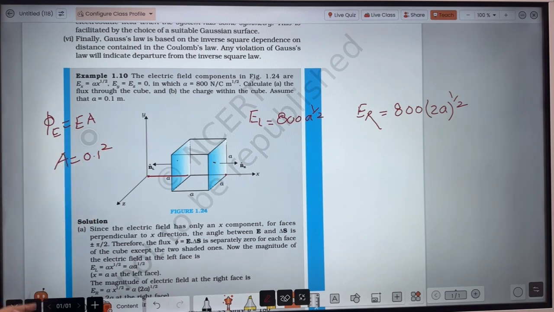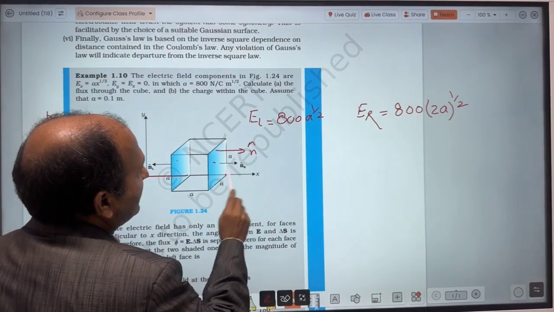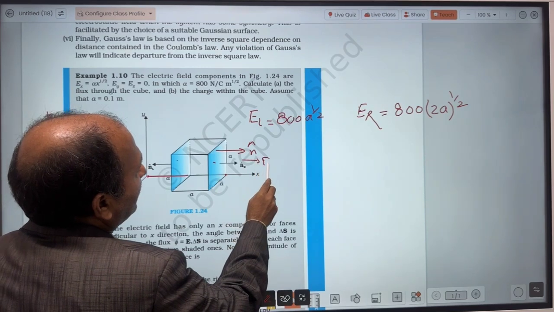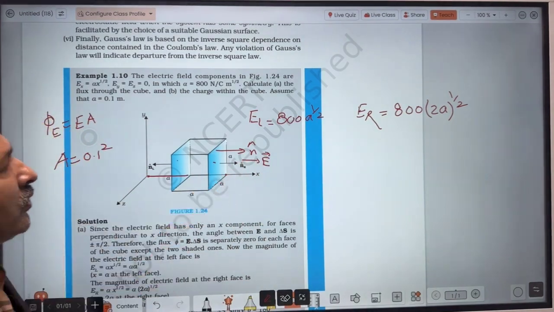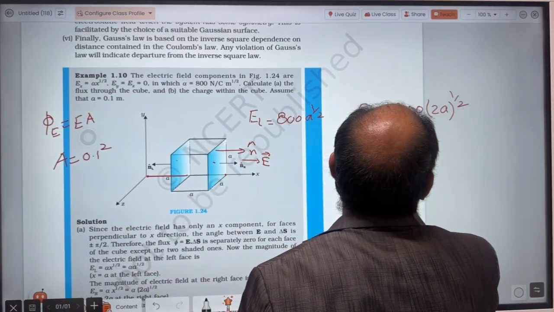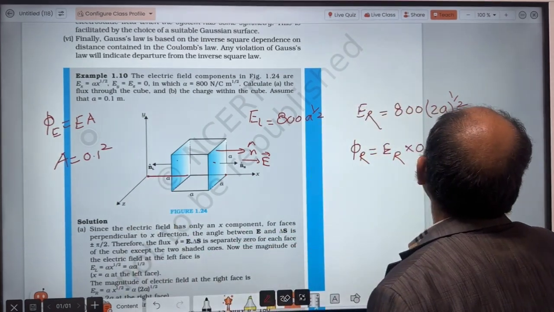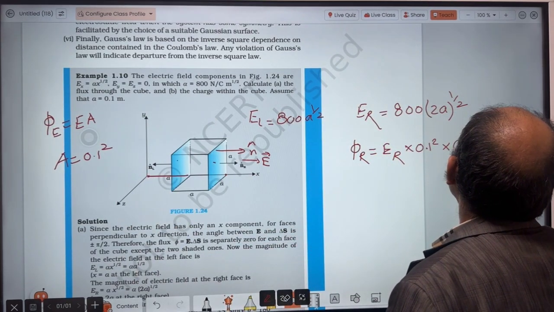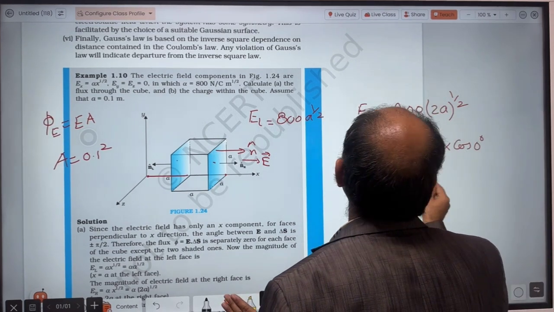Now the next thing that we have to consider is the angle. So for this face, n cap is in this direction and the electric field is also in this direction. So theta will be 0 degrees. So if we find the flux phi right, it will be E right into area. Area is 0.1 square into cos 0 degree. EA cos theta.